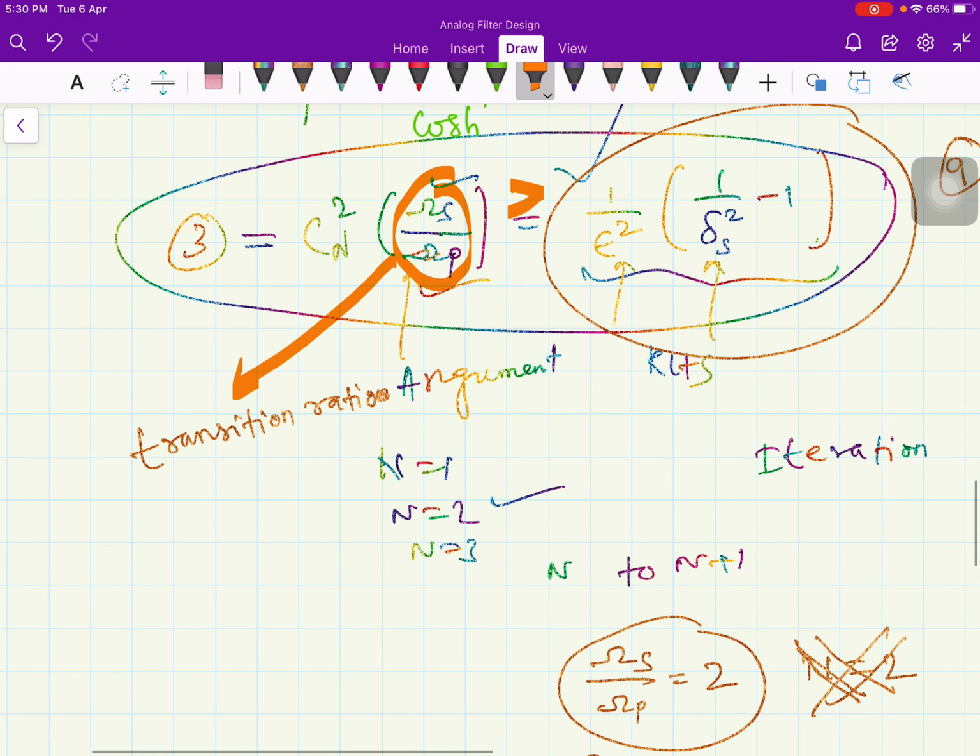Therefore the right hand side is known, the transition ratio omega s by omega p is also known. So you can do it by trial and error: guess an estimated value of capital N, find the relationship between the left hand side and the right hand side, and increment capital N till the inequality is satisfied.